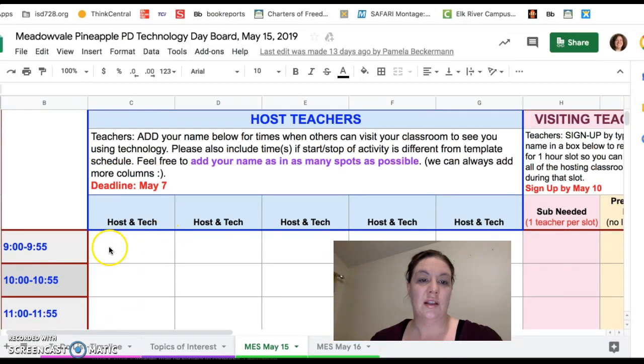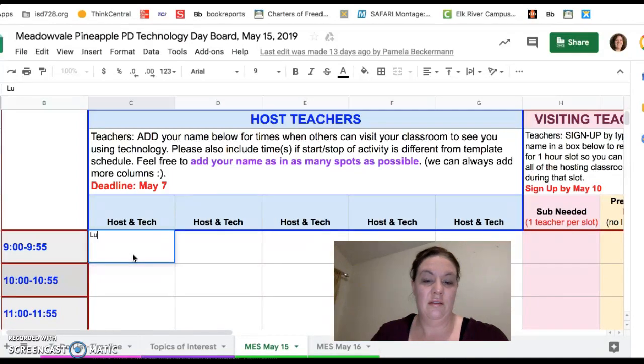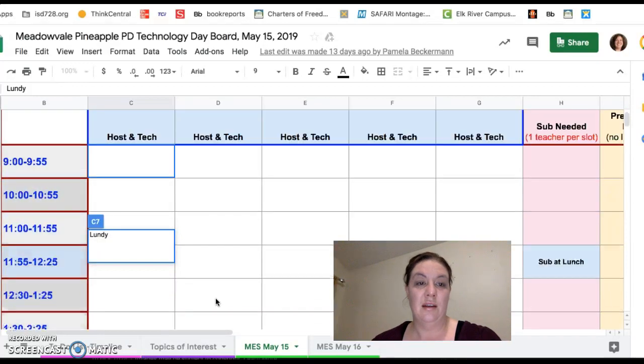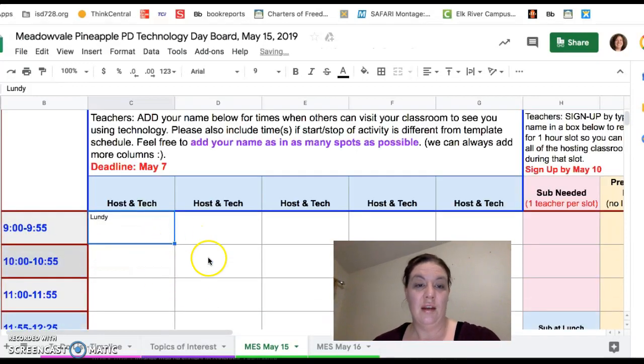So you would just click in a box here and you would say, for instance, I might say, Lundy, and I would put in what I was going to be using for technology during that time, so that people signing up would know what they could see if they came into my classroom at that time. So hopefully these slots get kind of filled in so that everyone has an opportunity to see some things.